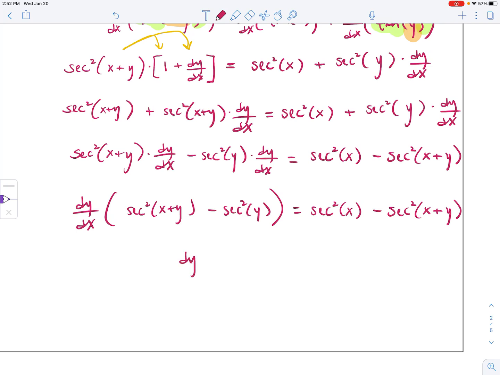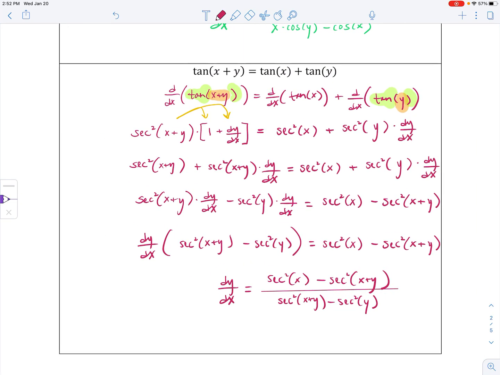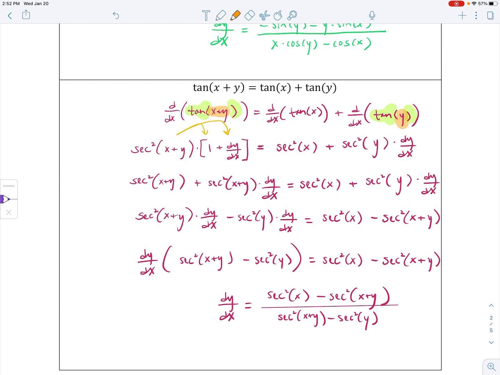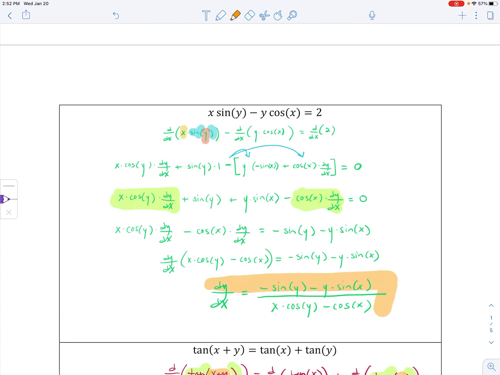Okay, so then when we divide by secant squared of x plus y minus secant squared of y on each side of this equation, we'll get dy over dx by itself. Okay, so there is dy over dx for this equation.